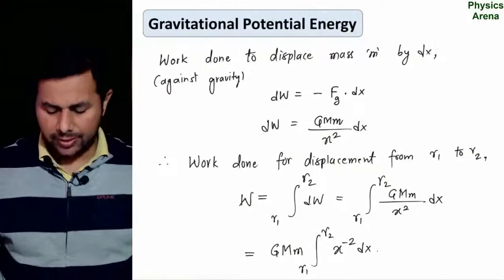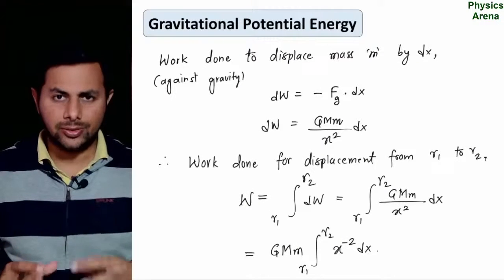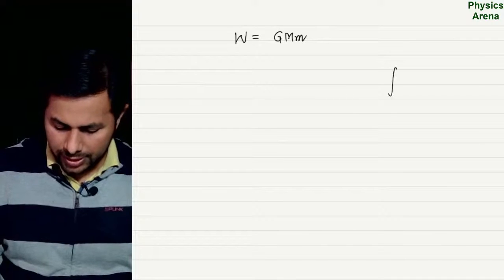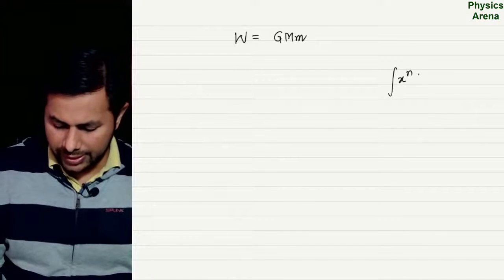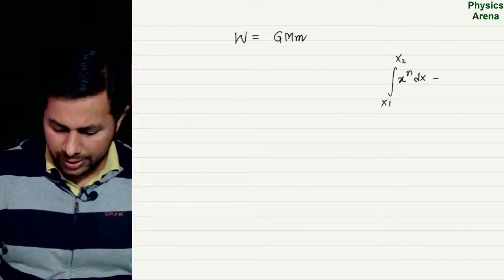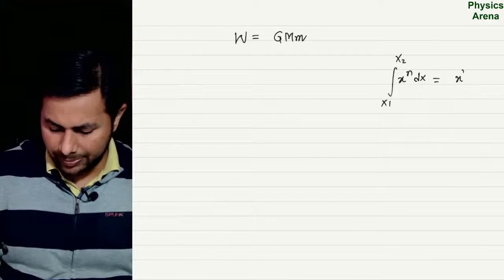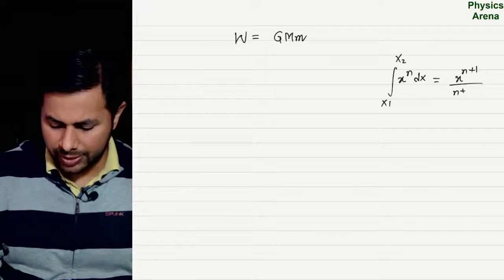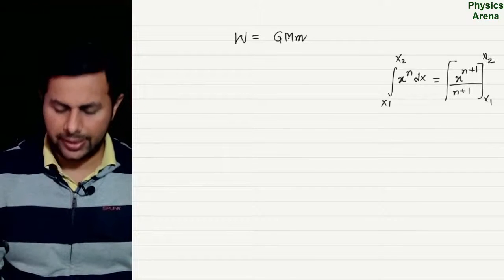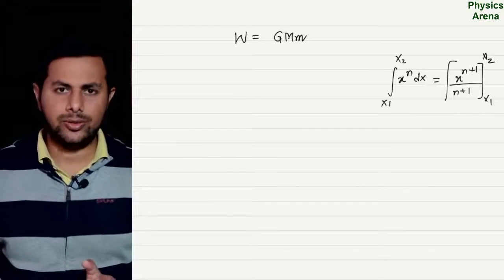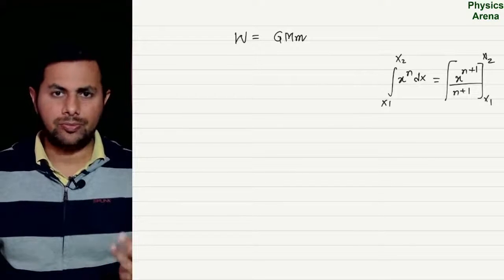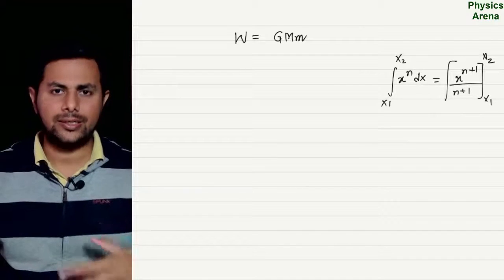What will this integral be? The integral of x raised to minus 2 dx. We know this formula: the integral of x raised to n dx from some initial x1 to x2 is equal to x raised to n plus 1 divided by n plus 1, with lower limit x1 and upper limit x2. This formula is valid when n is not equal to minus 1. In that case, the integral will be a log.